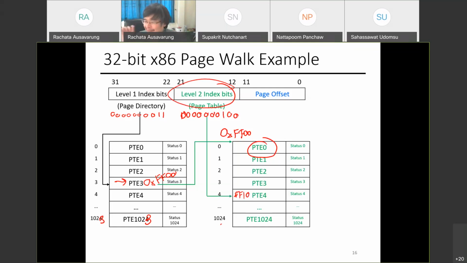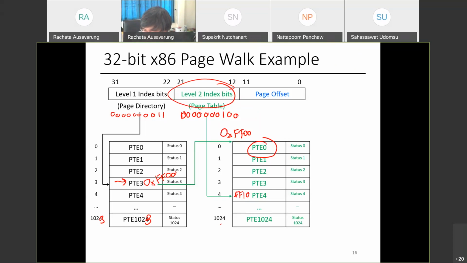Okay. A 32-bit machine has only 2 levels, right? What you can do to get the physical address, this is what you do.